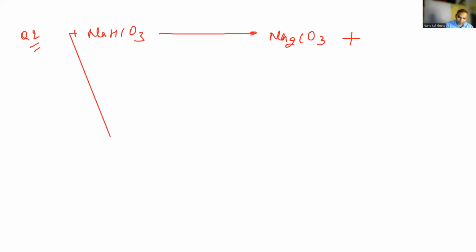Can you check this one? Question number 2. In a chemical reaction, baking soda, NaHCO3, on heating, they are saying sodium carbonate, Na2CO3, is forming, plus carbon dioxide.